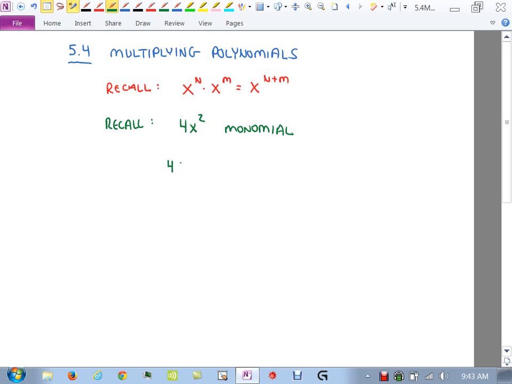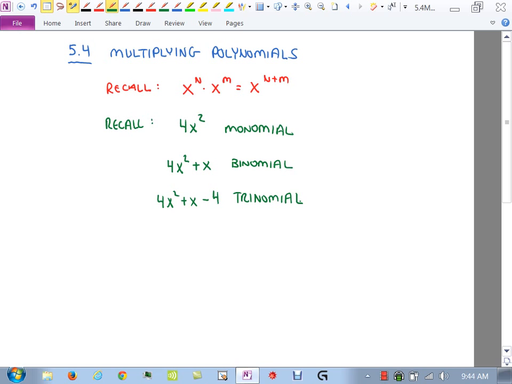If we see something like 4x squared plus x, we call that a binomial. If we see 4x squared plus x minus 4, what do you think? Trinomial? So on and so forth. Now, after tri, we stop using the words because you start to run out of descriptives for things like that. So those are the three I'll be talking about today.